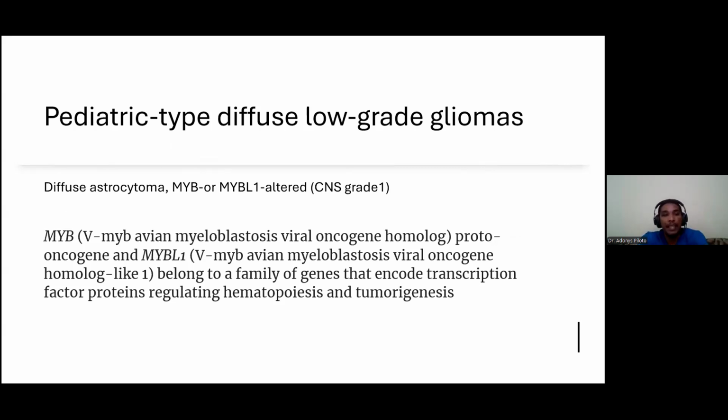In pediatric diffuse low-grade glioma, there are several types, including the diffuse astrocytoma, MYB or MYBL1 altered, CNS grade 1.